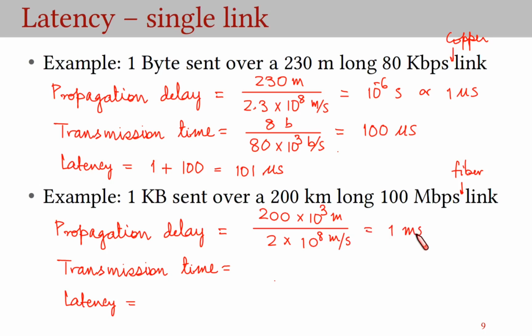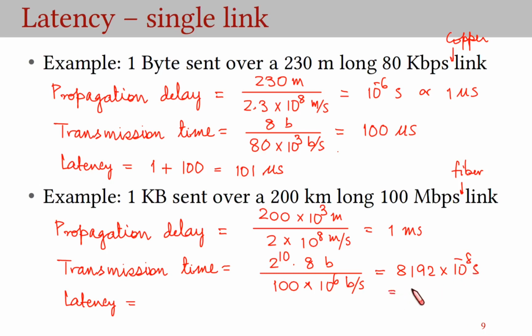The transmission time would be the size of data, that's 1 kilobyte, that would be 2 to the power 10 bytes times 8 bits, divided by the bandwidth, that's 100 Mbps, and this gives us 8192 times 10 to the power minus 8 second, or 0.082 millisecond.